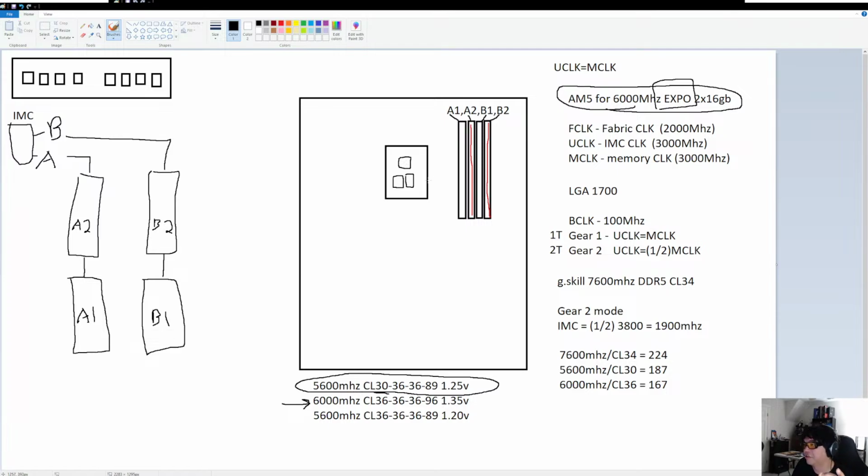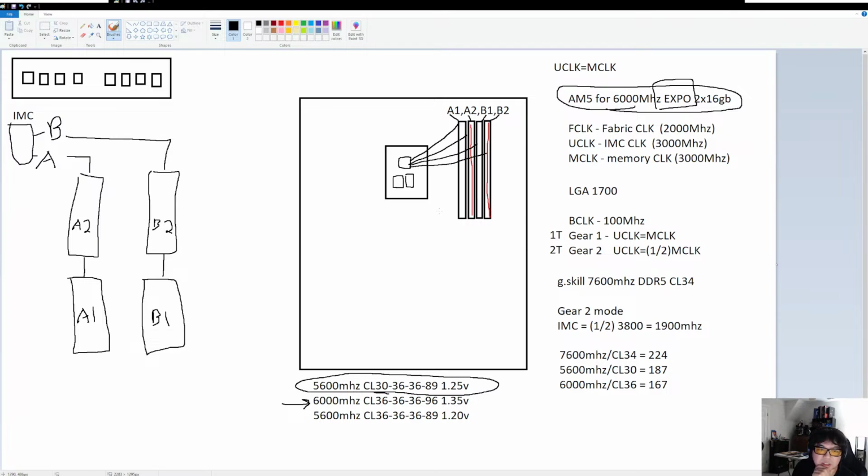As far as I know, the I/O die talks to the memory. Now, I could be wrong. I haven't looked at the AMD block diagram in a while, but I assume that it is this guy that has the traces to the memory. So that might be the reason.